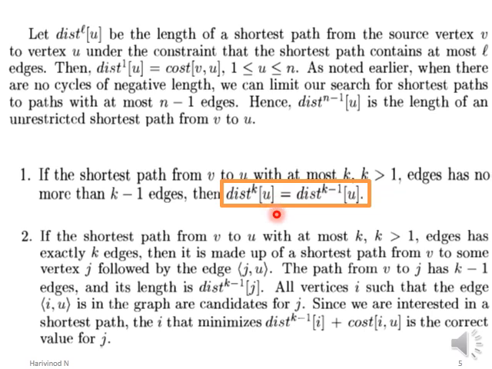Dist k of U, suppose it does not contain k number of edges, then it is the same as dist k minus 1 of U. This is one relation.